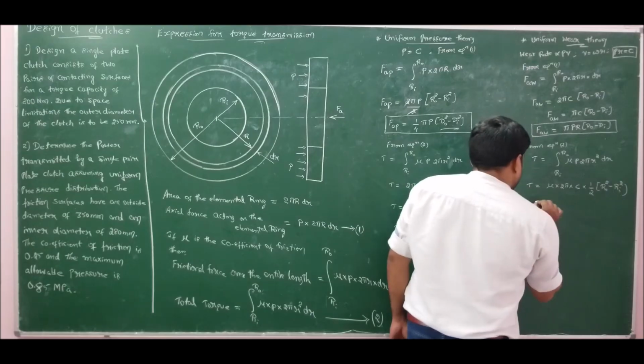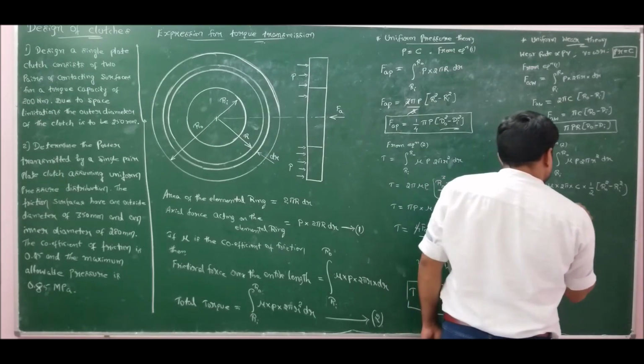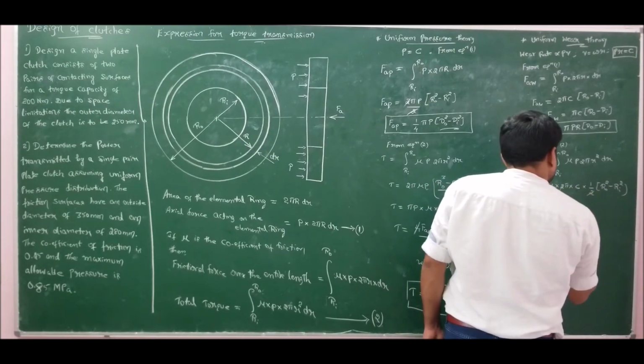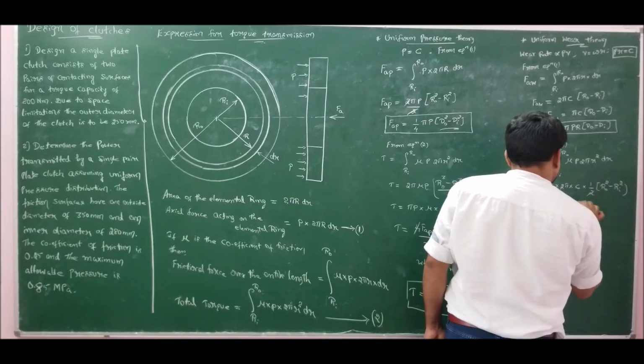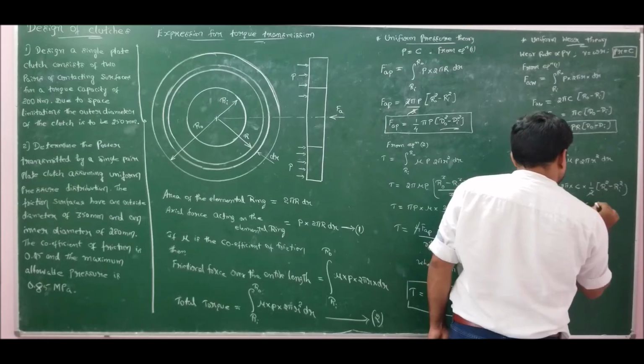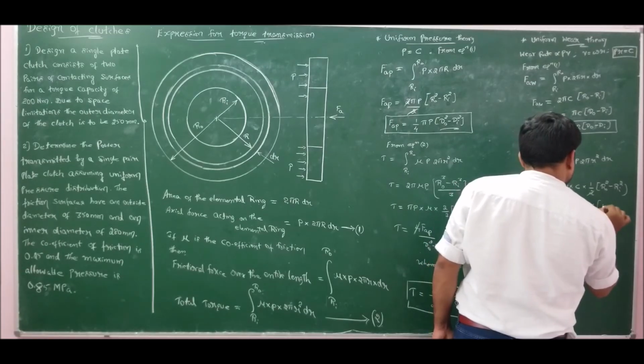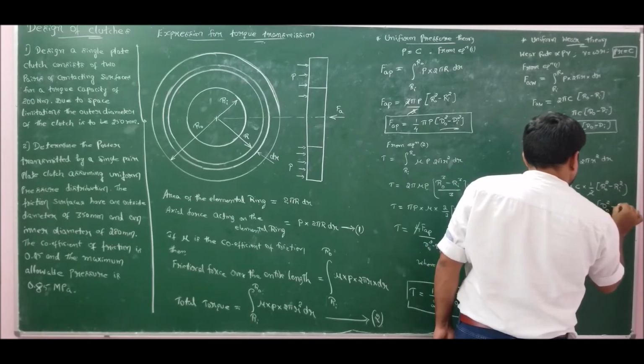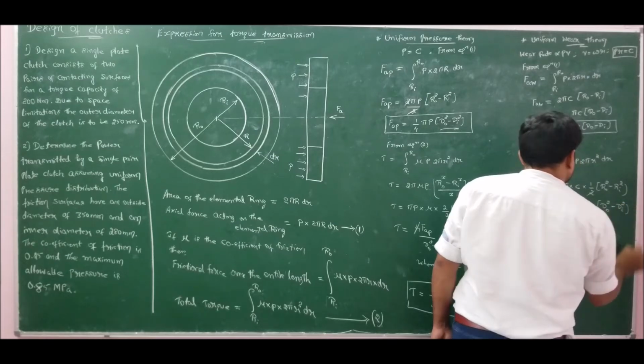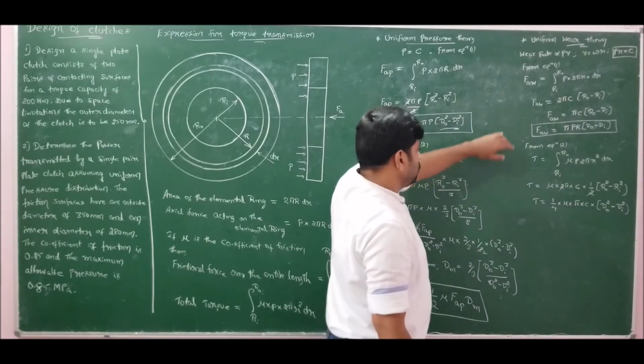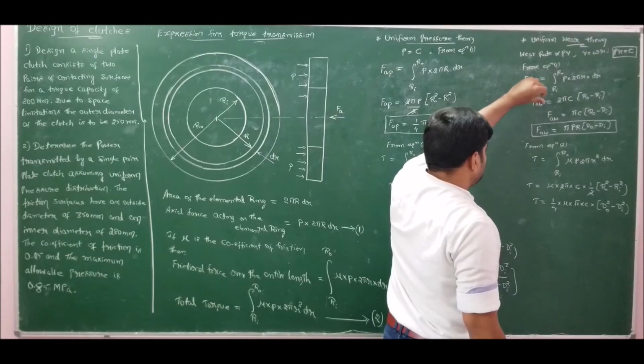So in terms of diameter, T will be equal to 1 by 4 mu into pi into c times d naught square minus di square. Now I can substitute for pi times c.